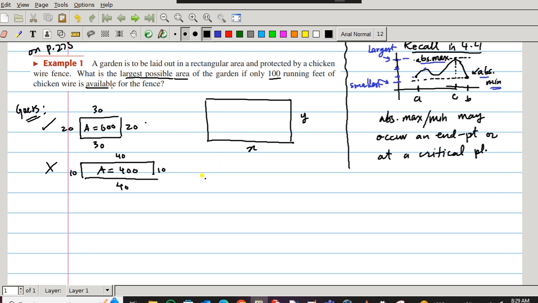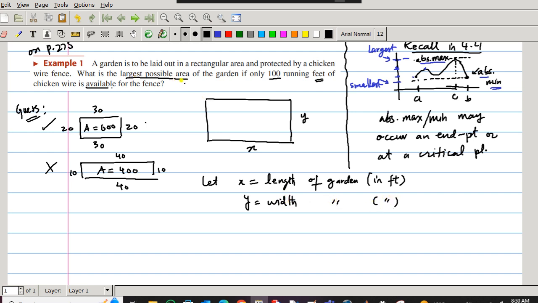So first of all, I can say that let x be the length of the rectangle or the garden, in feet. You see here, the fence is given in feet, so x and y will be in feet, right? And let y be the width of the garden, again in feet.